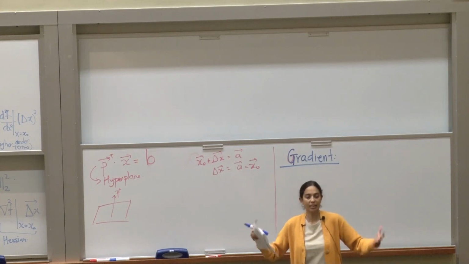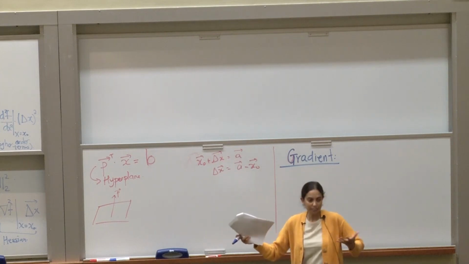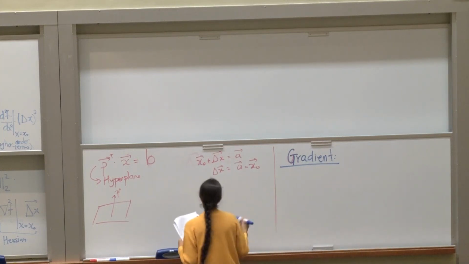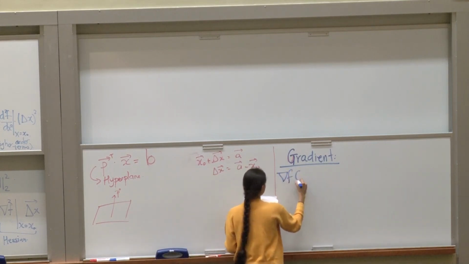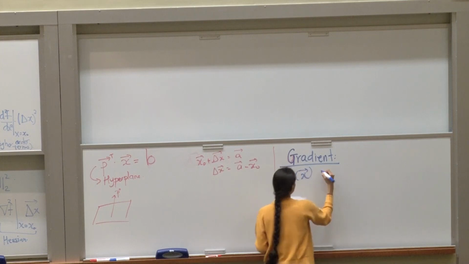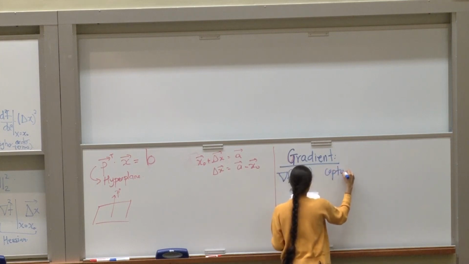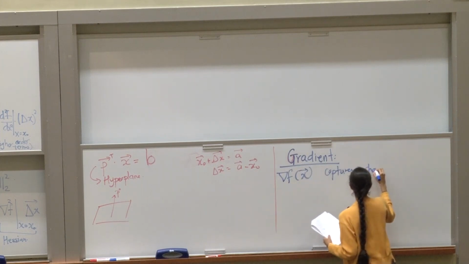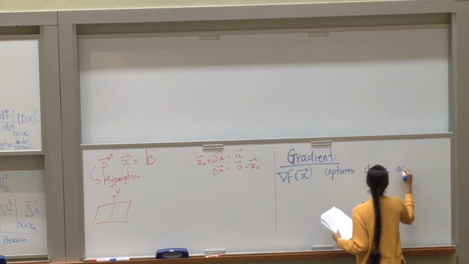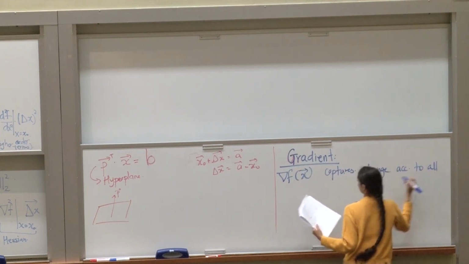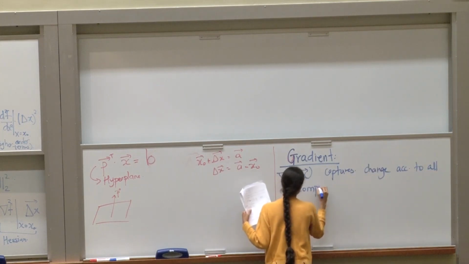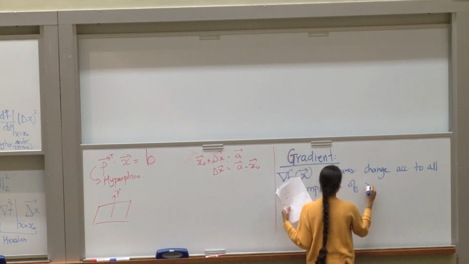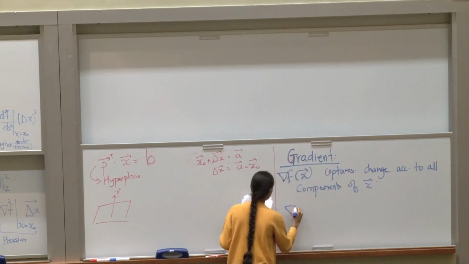If my vector has n components, there are basically n different things that can affect how my function changes, right? So this notion of this gradient has to capture change according to all components of x.